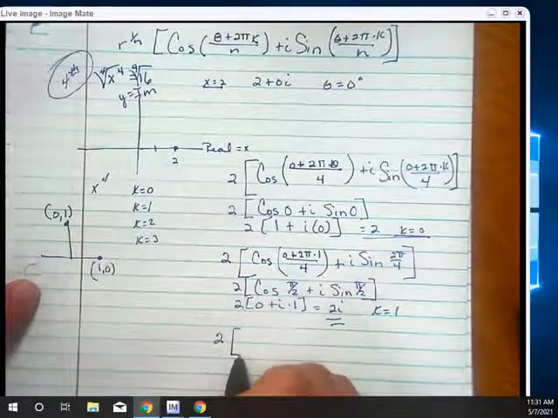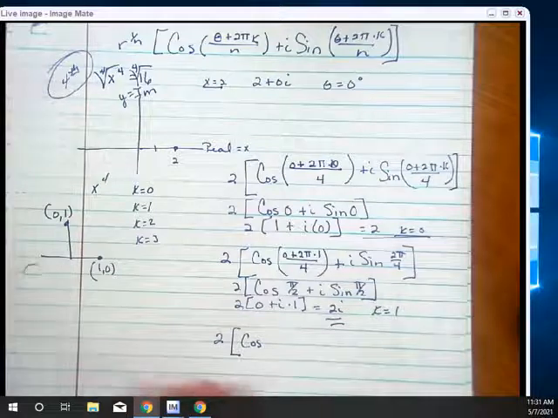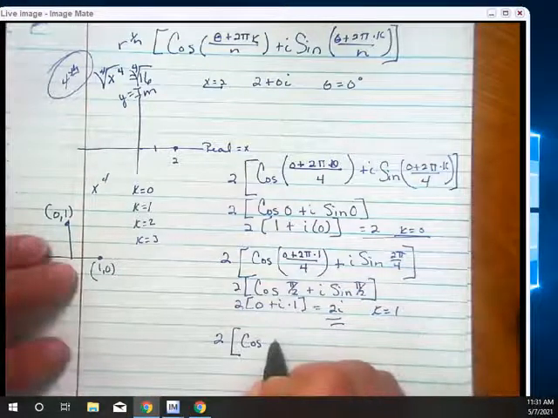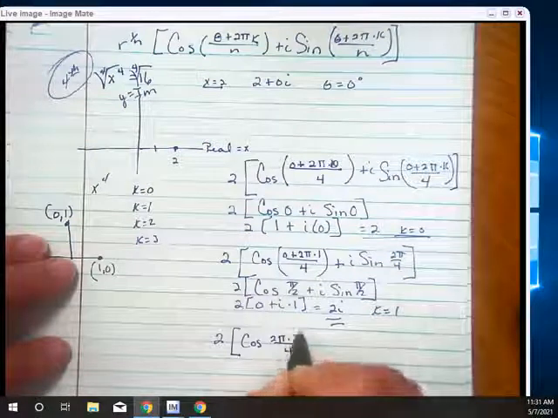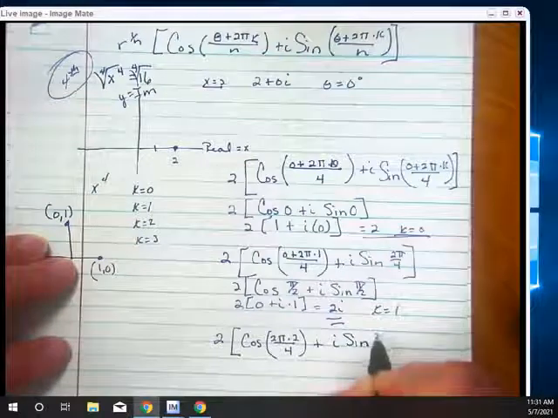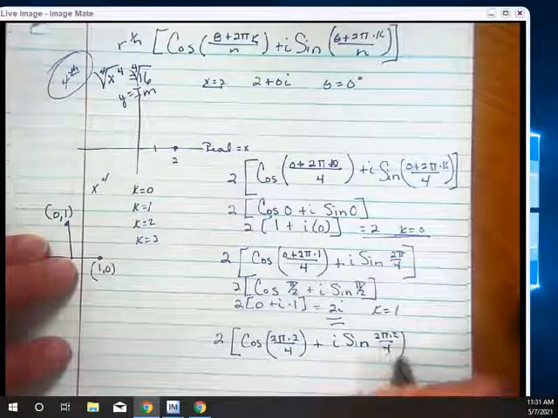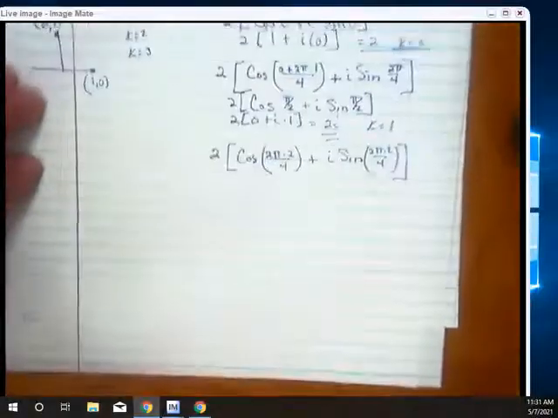2 times the cosine of 0 plus anything is still that thing, so I'm just not going to write the 0 this time. 2 pi times 2 over 4, times the sine of 2 pi times 2 over 4. 2 times 2 is 4. 4 divided by 4 is 1.